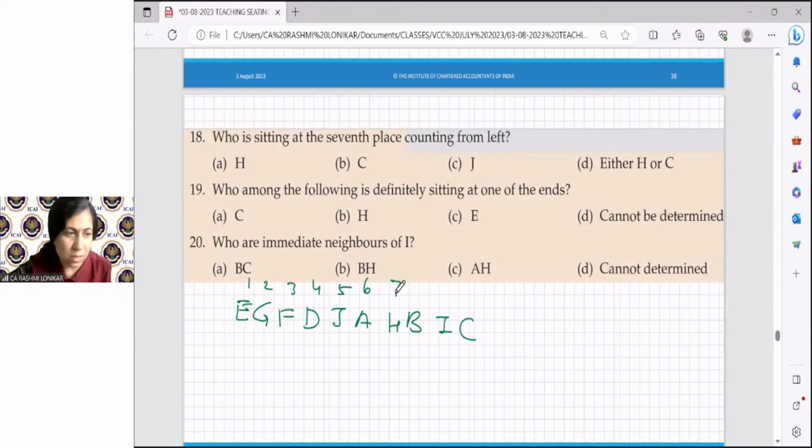Who is sitting 7th? 18th answer is H. Either H or C. 18th answer is either H or C.